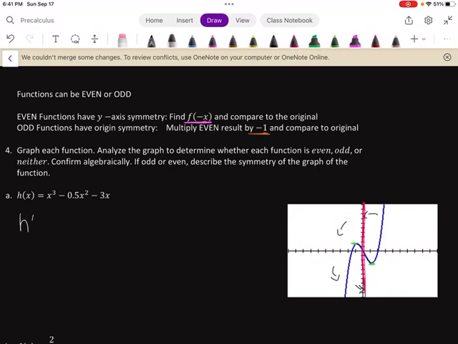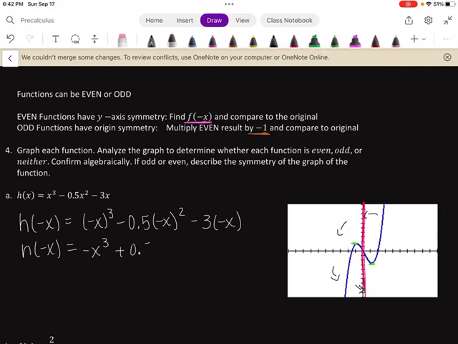I need to do h of negative x. So that's negative x cubed minus 0.5 times negative x squared minus 3 times negative x. So h of negative x is negative x cubed plus 0.5.